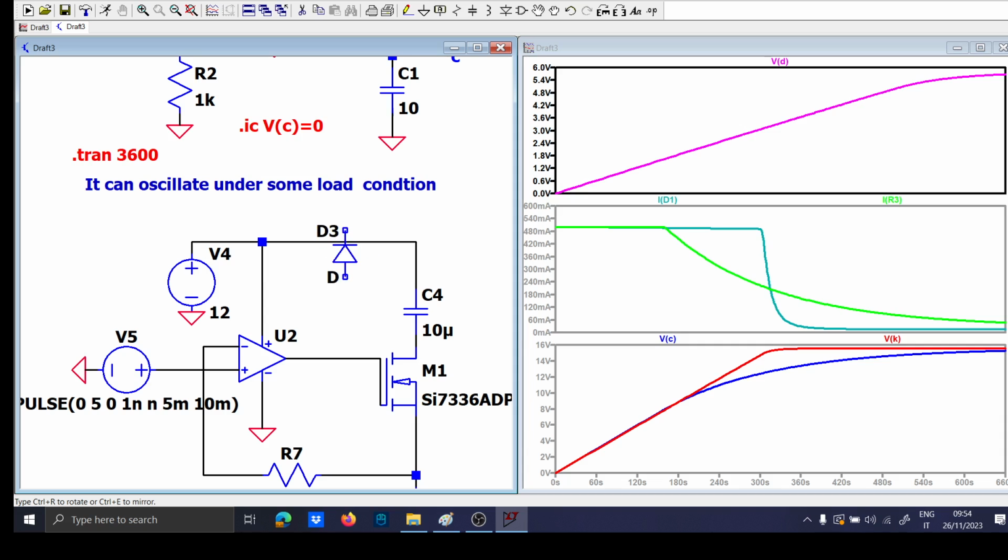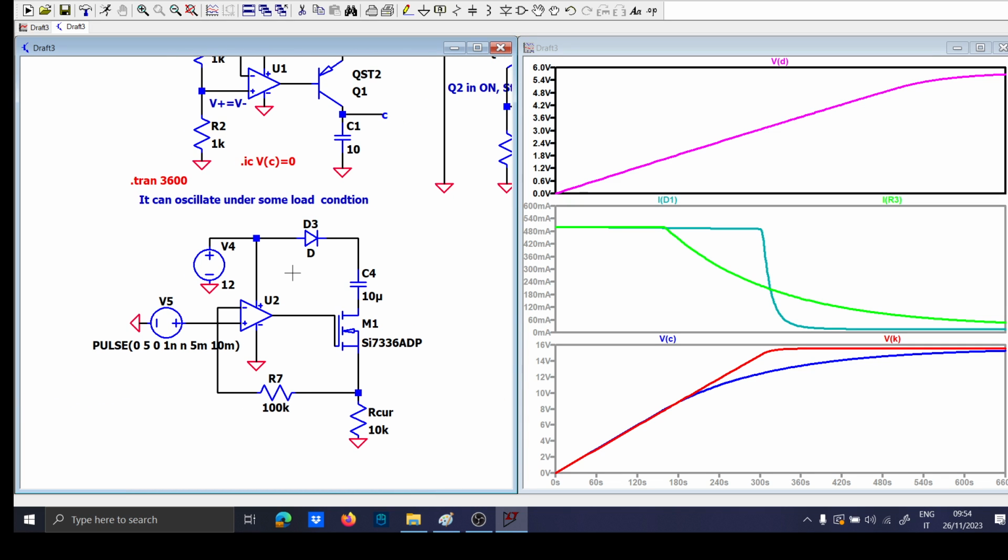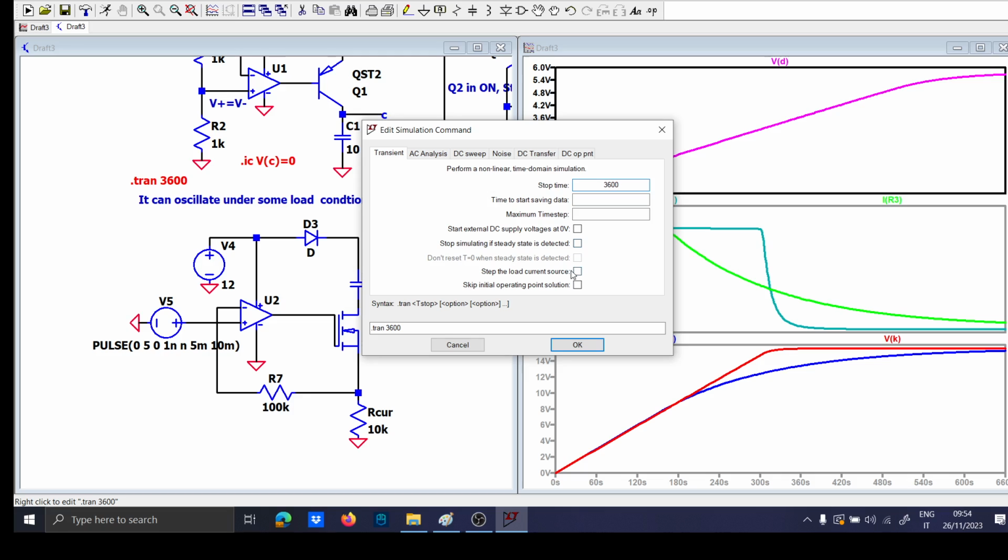Just for the simulation purposes, let me put a diode here, because I don't want the current flowing to the other side. Should be useless, but doesn't matter. Let's say that we start the external supply voltage at 0 volt.